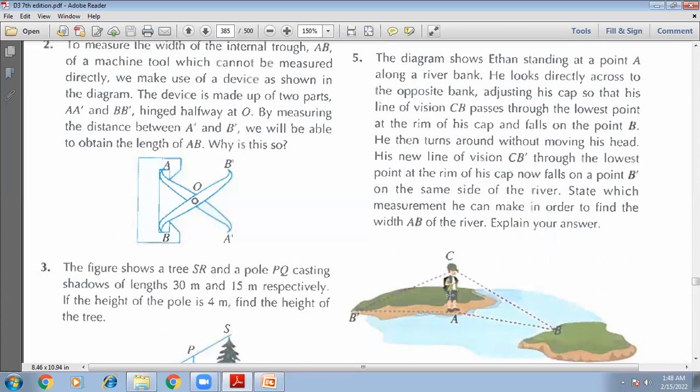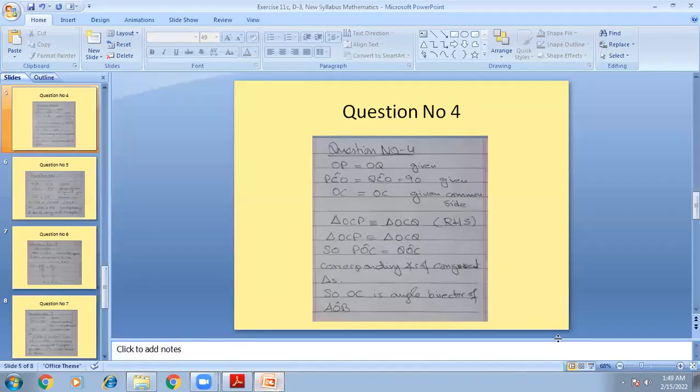So you can say this is the angle side angle postulate. So these two triangles will be congruent. Once you know, then we will see AB is equal to which side. Whatever AB is corresponding to, that side will give me the length of AB indirectly. So let me show you.